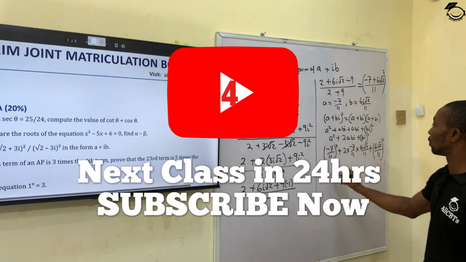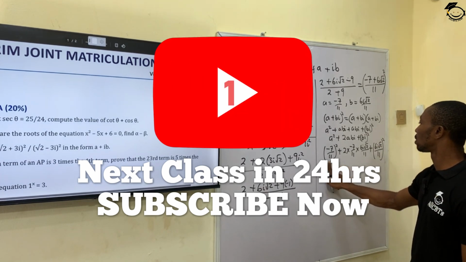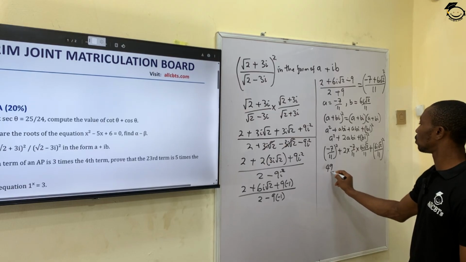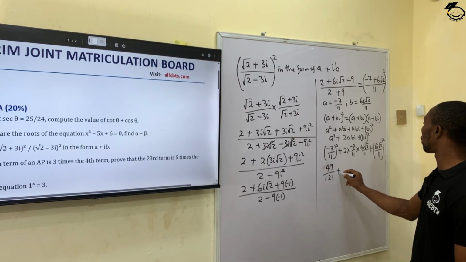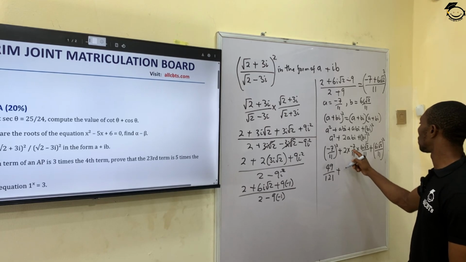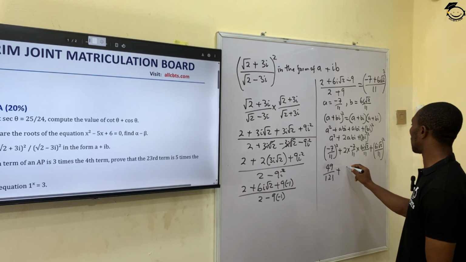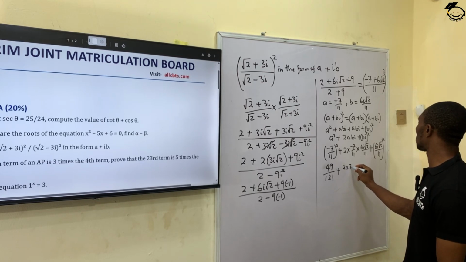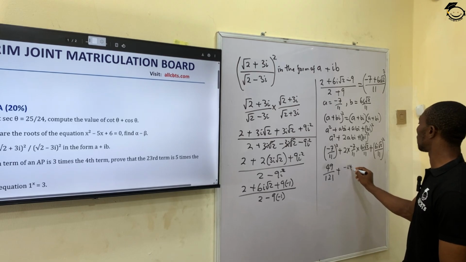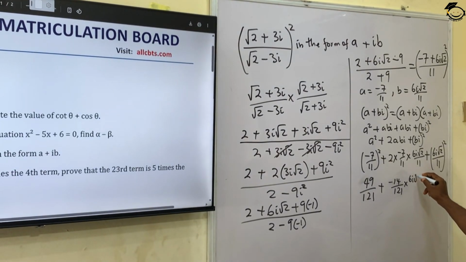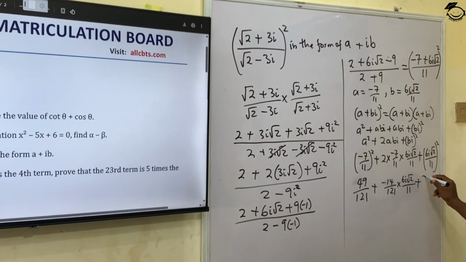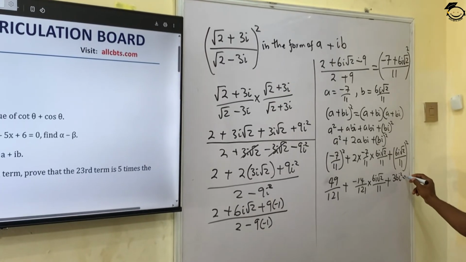Now expanding this will give us 49 over 121 plus 2 times minus 7, which is minus 14, over 121 times 6i root 2 over 11, plus 6 squared, which will give us 36i squared times 2 over 121.